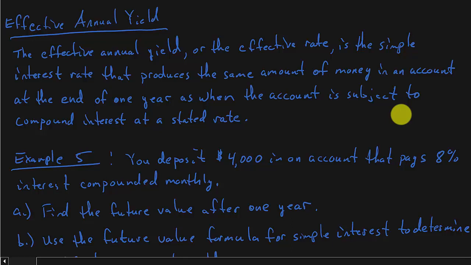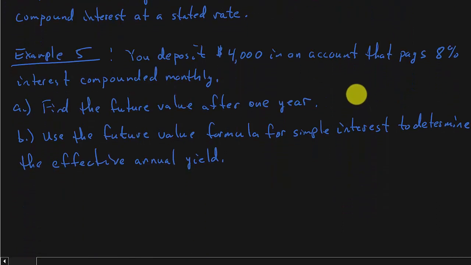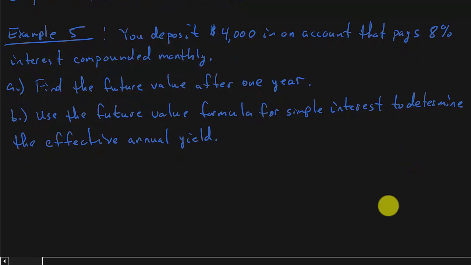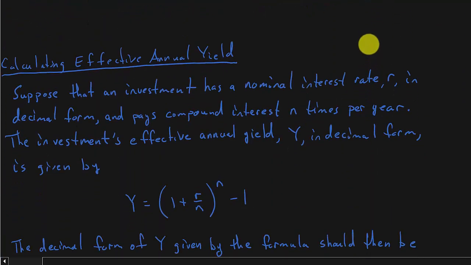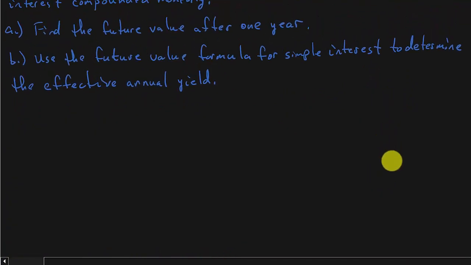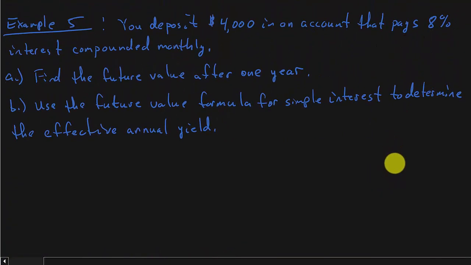So let's look at this problem. The way we're going to work this one is kind of a long way, and then we'll come down here where they actually give us a little formula for it. But by working it out this way, it might help you understand what's going on with the formula a little more.